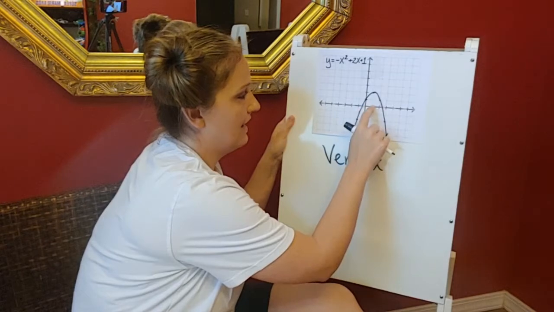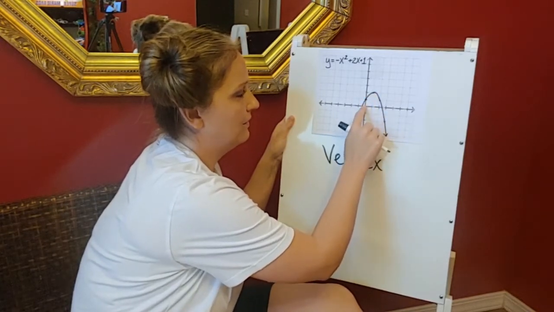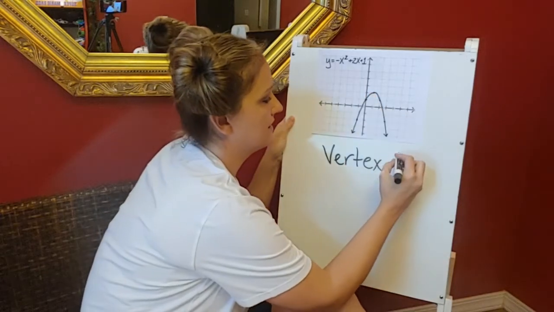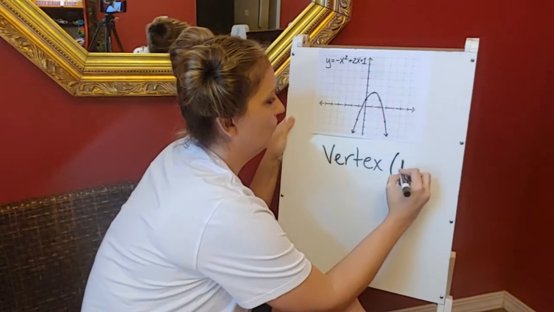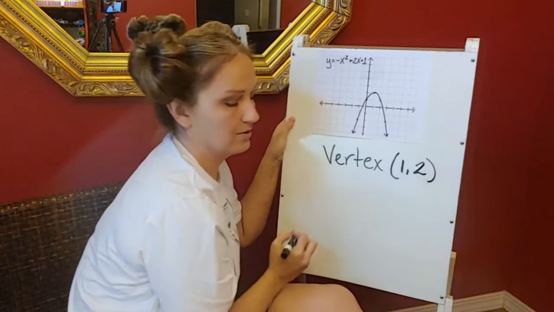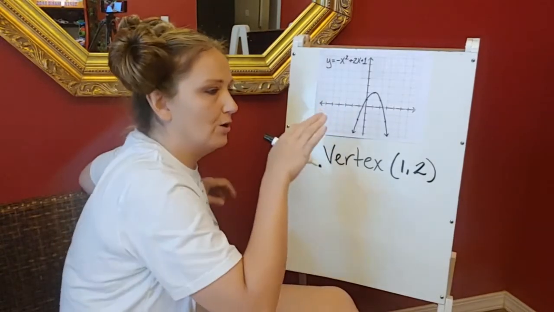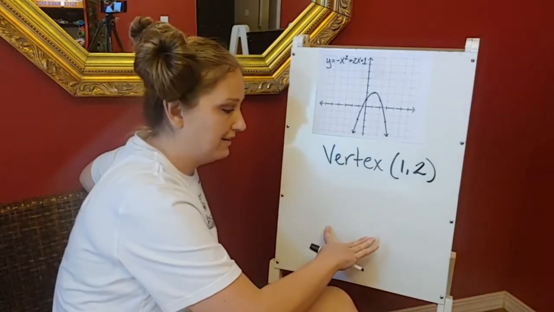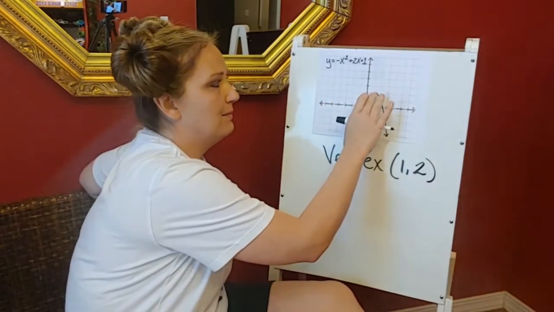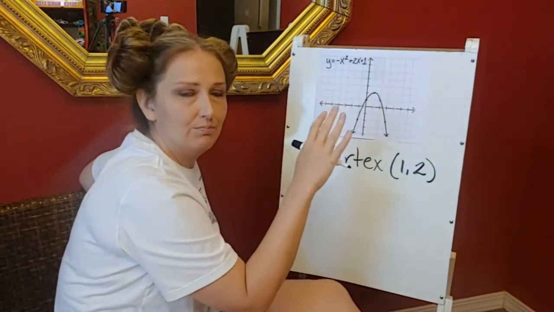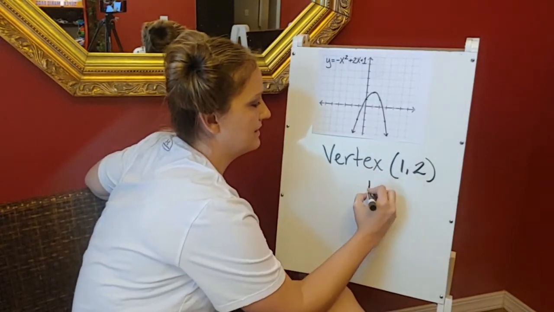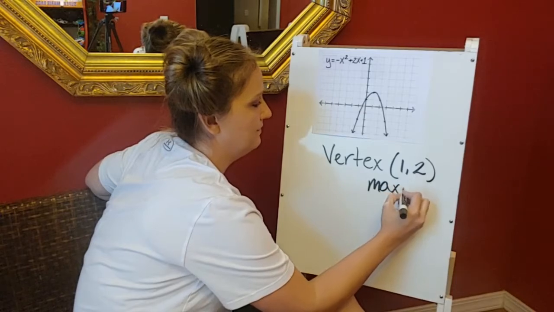My vertex is at (1, 2), meaning I have to go right 1, up 2 to get to my vertex. Now this one opens down, so it keeps going to infinity all the way down here. So this is going to be a maximum. That's the maximum point that I can reach on this graph. So that vertex is a maximum.